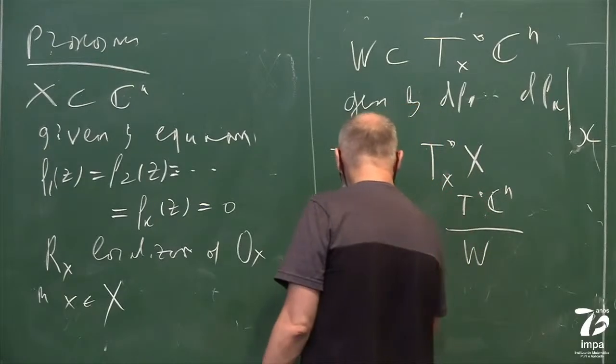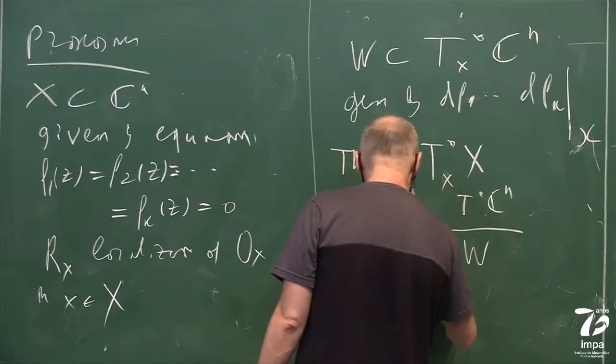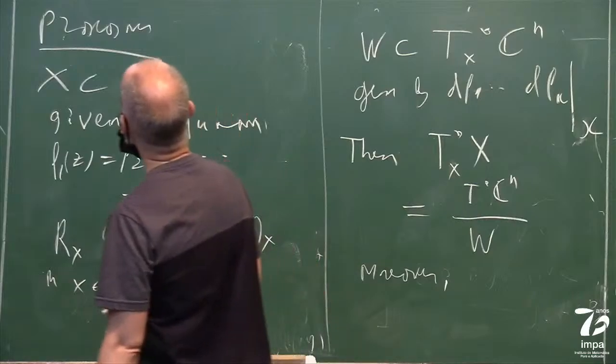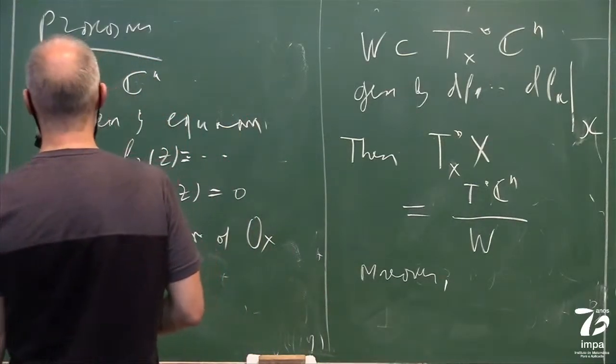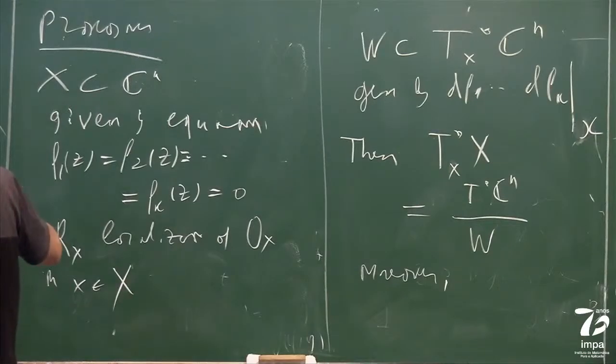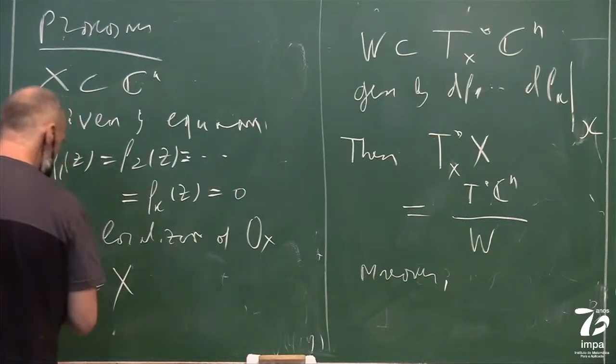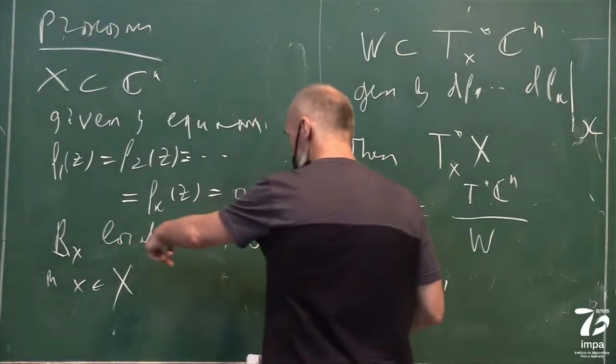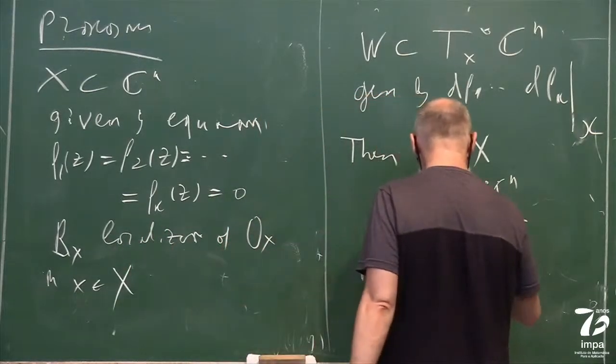Moreover, it was called B. Sorry, it should be called B. Bx is the localization of OX at x.